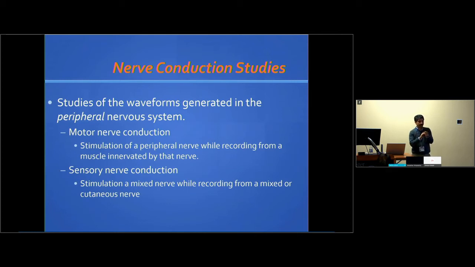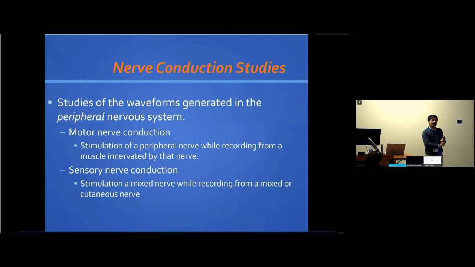Usually you have an active and a reference electrode, and then we stimulate the nerve. The stimulator has 2 prongs: one buffers the electricity, and the other one stimulates it. Say you're stimulating the median nerve, we measure the distance anatomically.